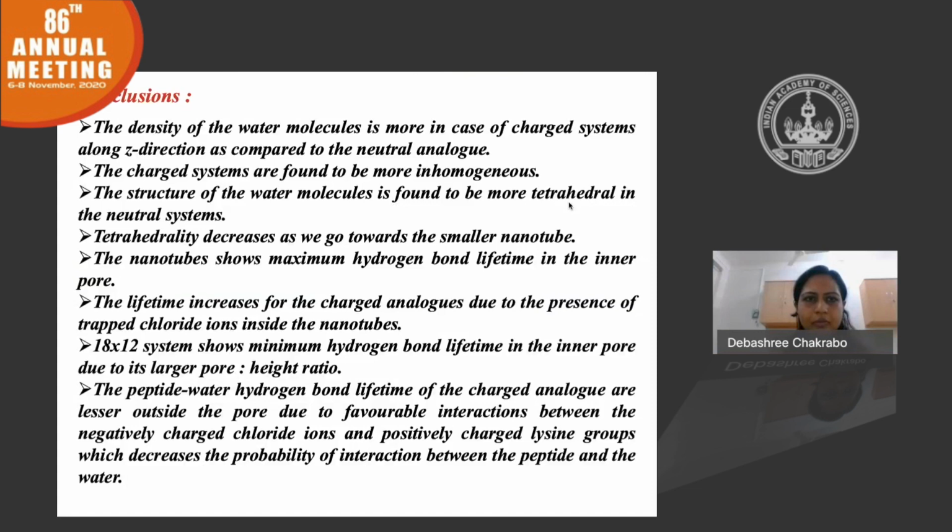The tetrahedrality decreases as we go towards the smaller nanotubes. The nanotube shows maximum hydrogen bond lifetime in the inner pore. The lifetime increases for the charged analogs due to the presence of trapped chloride ions inside the nanotubes. The 18 into 12 system shows minimum hydrogen bond lifetime in the inner pore due to the larger pore to height ratio.